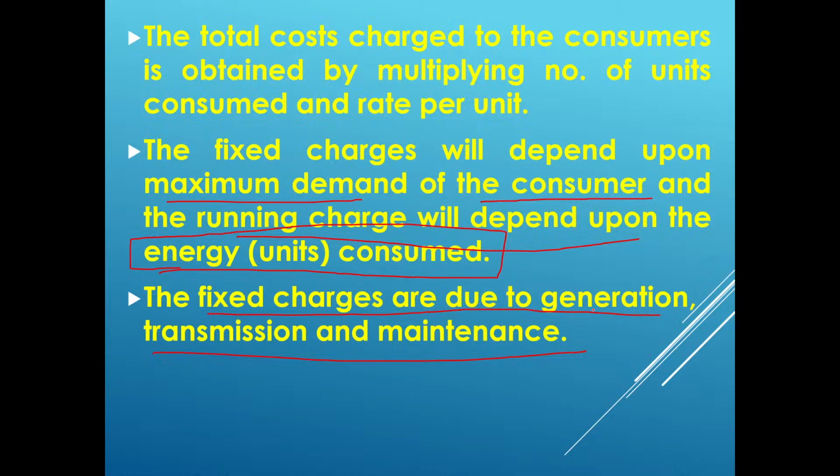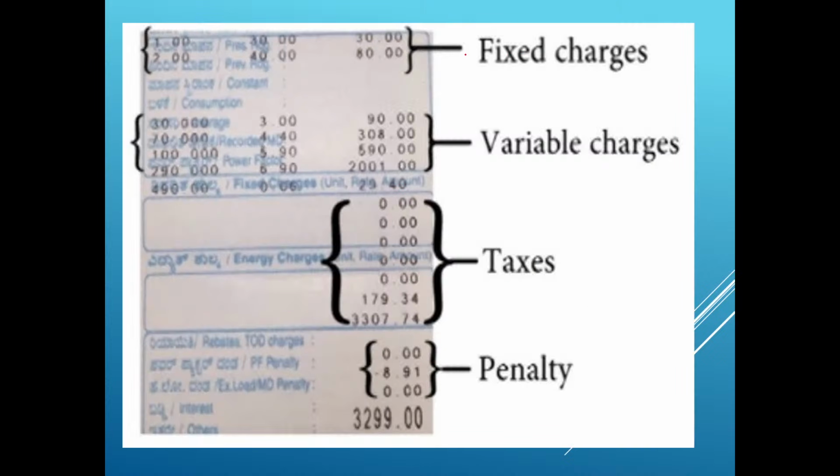If we have the electricity bill with us, I hope by looking at this you are able to understand. There will be something mentioned somewhere, just search on this sheet. This amount which I am showing you here is the fixed charge, and these are the variable charges, and then the taxes and penalties.